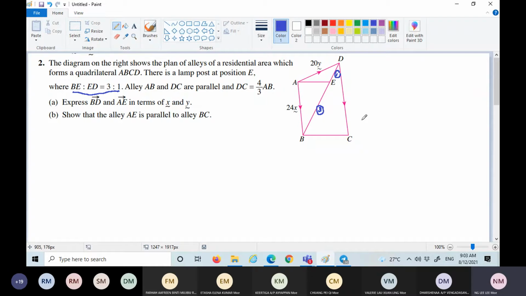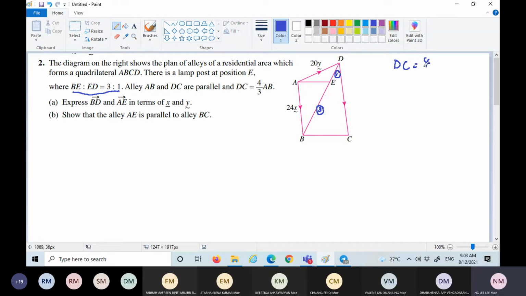AB, DC parallel. So you tell AB, DC parallel. Then DC is 4/3 of AB. Since AB is already given as 24x, therefore you can straight away find DC.